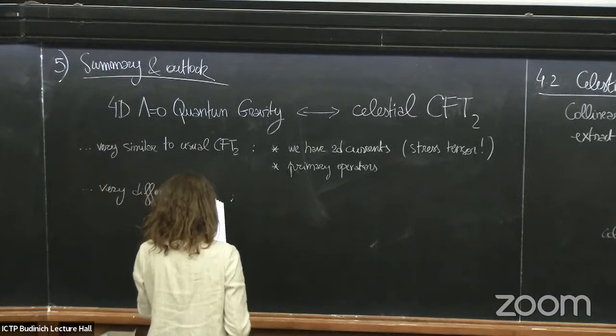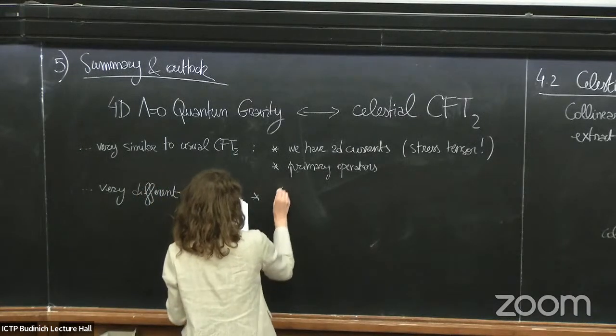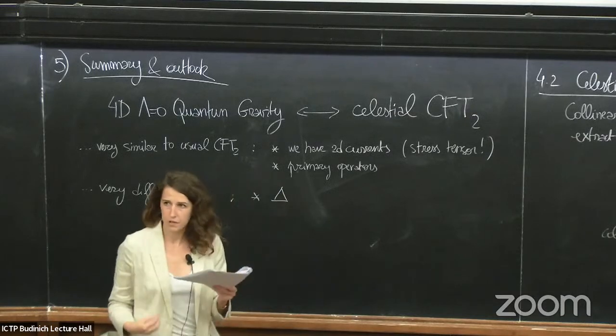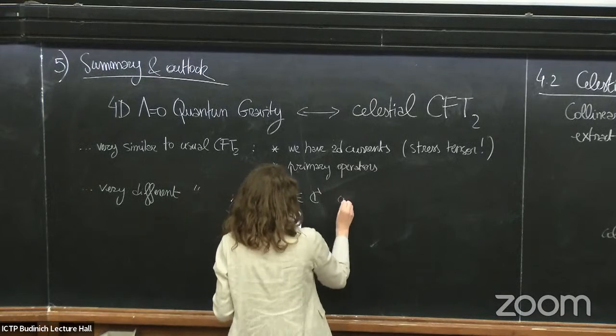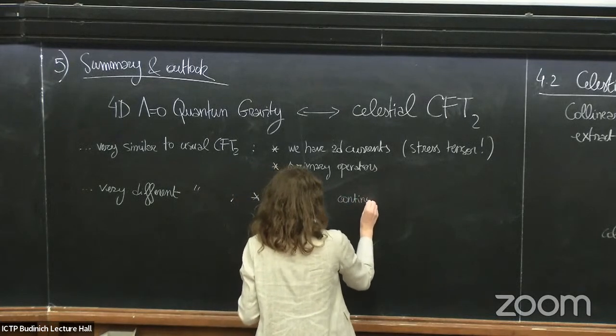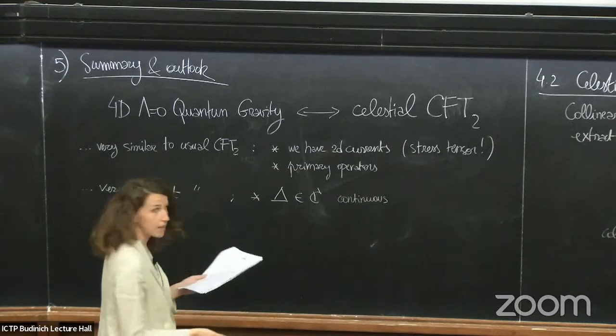So let me mention some funny features we have seen. First, we had the fact that the conformal dimension of this primary is a priori any continuous and complex spectrum.